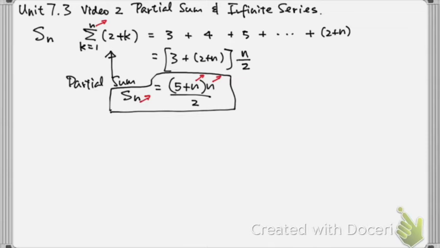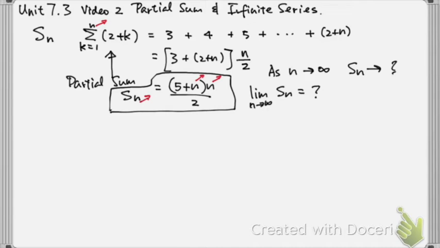So what we can think about the sum of an infinite series is we can write, as n becomes very large, as n approaches infinity, what does S sub n approach? If you put it in limit notation, you might write: as n goes to infinity, S of n equals what? And that would be the sum of an infinite series.